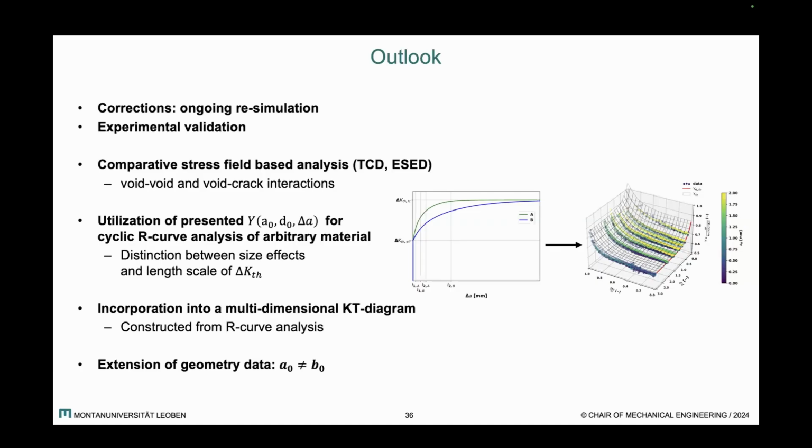Then the whole results could be integrated into a sort of multidimensional Kitagawa-Takahashi diagram. And I'm also in the process of extending the dataset to interactions of two differently sized defects.